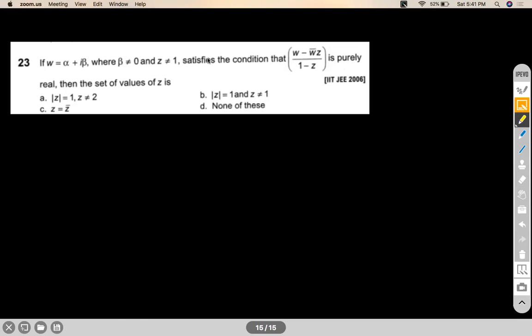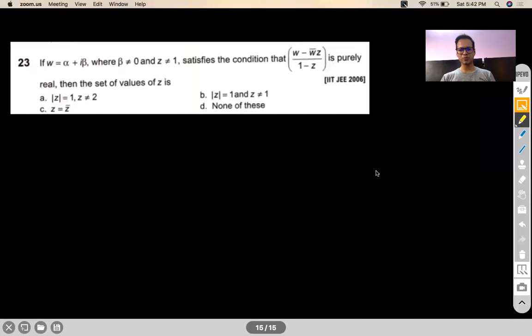Last 1 minute for this. Last 20 seconds. 5, 4, 3, 2, 1. Go.